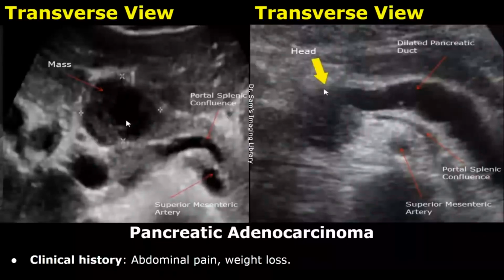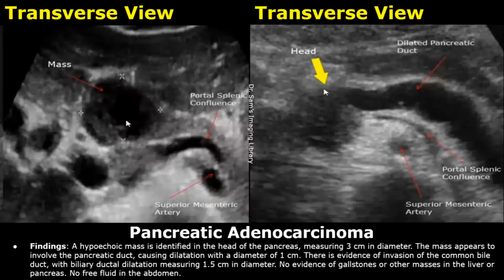Here is a case of pancreatic adenocarcinoma. The clinical history was abdominal pain and weight loss. In the findings you can write a hypoechoic mass and then you can write its location followed by its size.